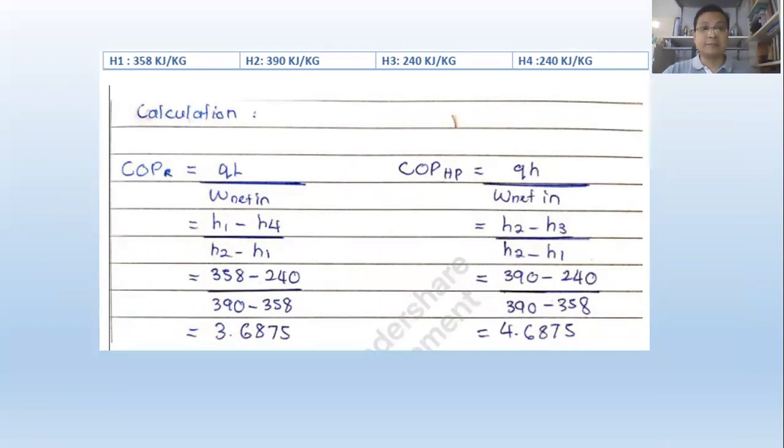So what temperature, and then we can plot the enthalpy H. It should be determined first by temperature. So H1 is obtained from T1, H2 from T2, H3 from T3, and H4 from T4. In this case, H3 and H4 are equal. So we can calculate the COP, both COPR and COPHP.